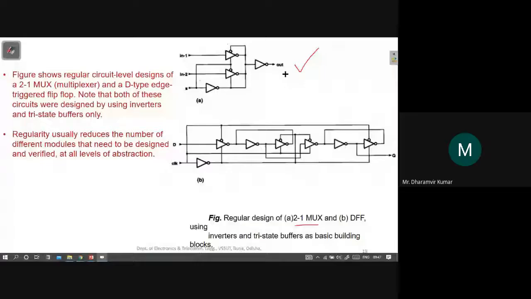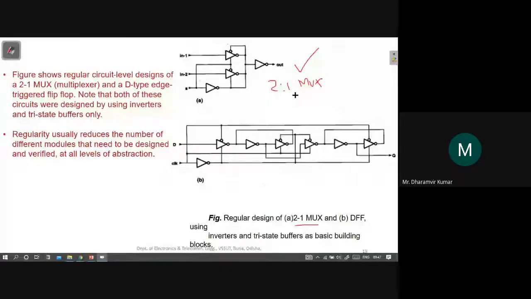Now, how is this circuit different? This is also a 2:1 multiplexer, but the difference is that for designing this 2:1 multiplexer, only two types of gates are used.